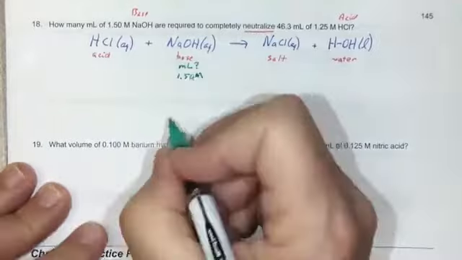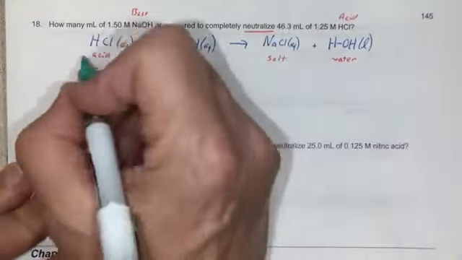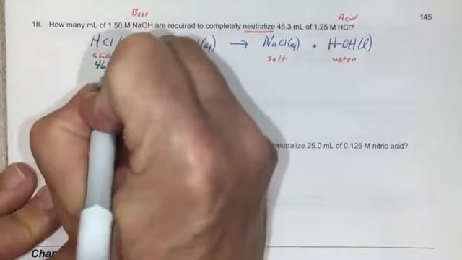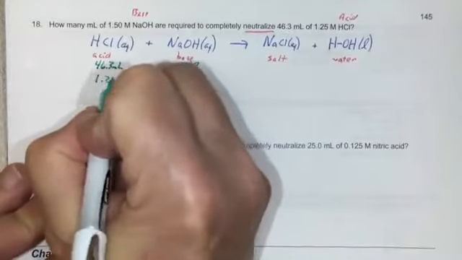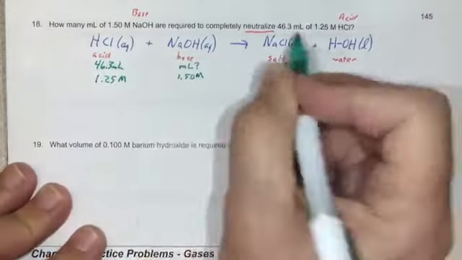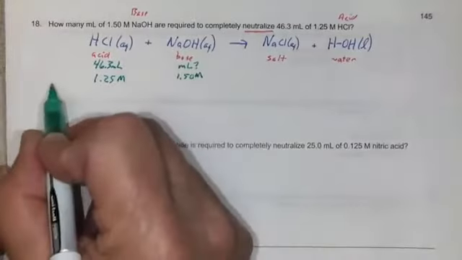So that's what I know about sodium hydroxide. Now, for the hydrochloric acid, you have 46.3 milliliters, and the concentration is 1.25 molar of the acid. So I've combined everything. Now, there is a shortcut that we can use for this problem.